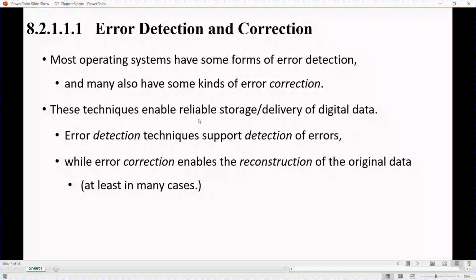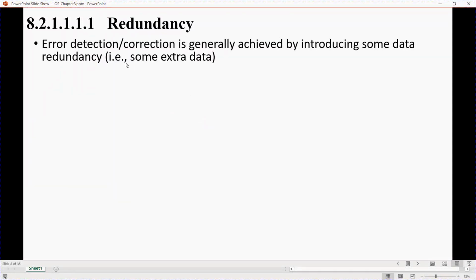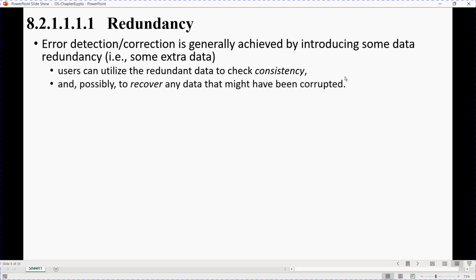Error detection is usually implemented by introducing data redundancy. Users then can use the redundant data to check for consistency, and, with some schemes, to recover corrupted data.